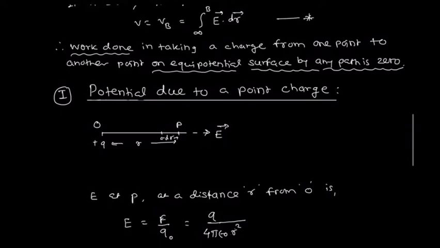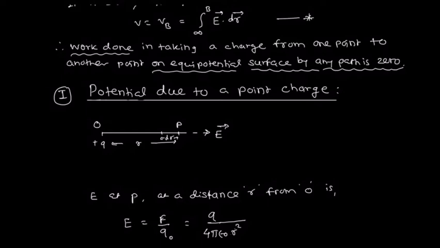We again use the earlier definition: electric field is the ratio of force per unit charge. How do we calculate force? If two charges are separated by the distance r, the force of attraction or repulsion between the two charges is directly proportional to the product of the two charges divided by the square of the distance between them.